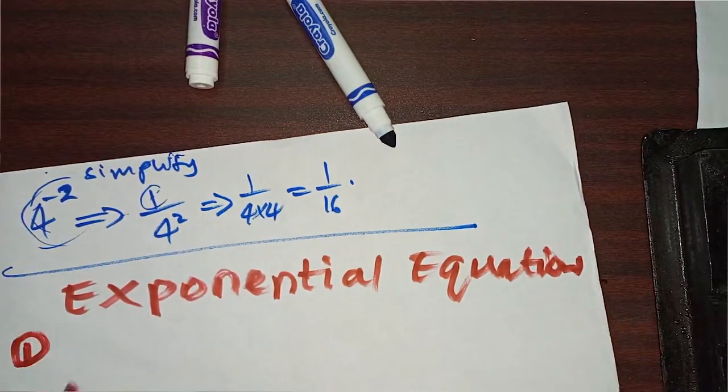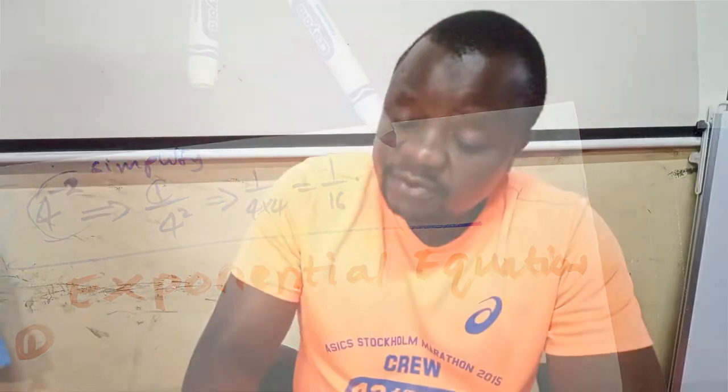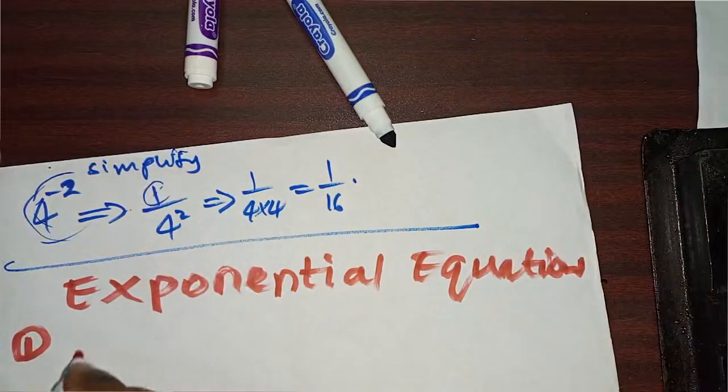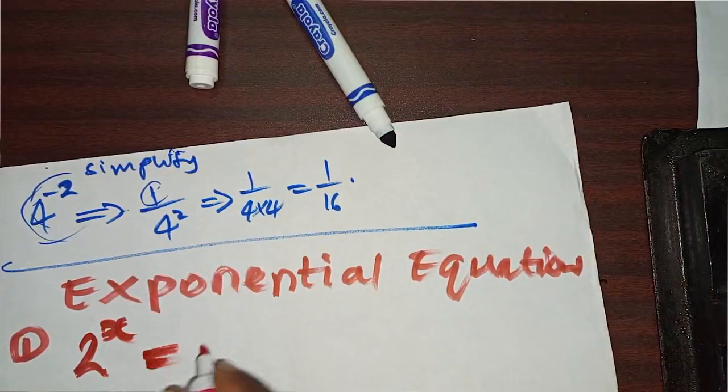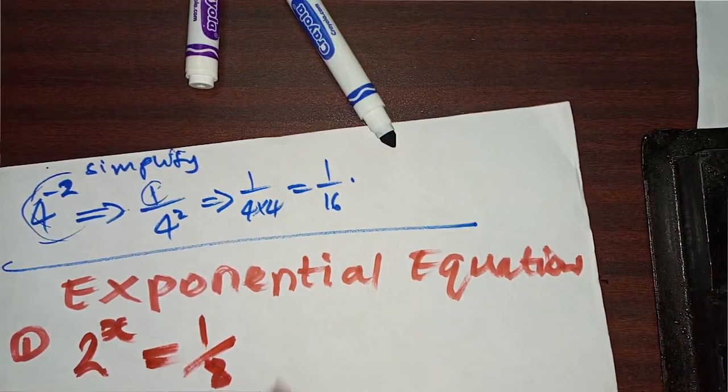Number 1. Exponential equations are equations which involve a power which is unknown. In this case, we are finding a power which is unknown. We don't know the value of a letter or variable which is written as a superscript. For example, we may take 2 to the power x equals 1 over 8.